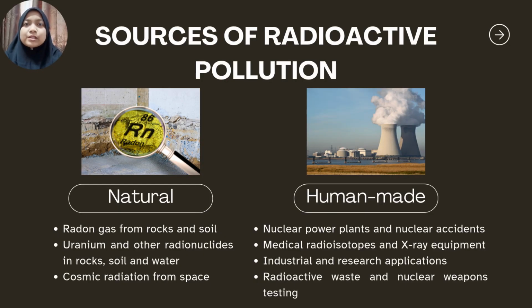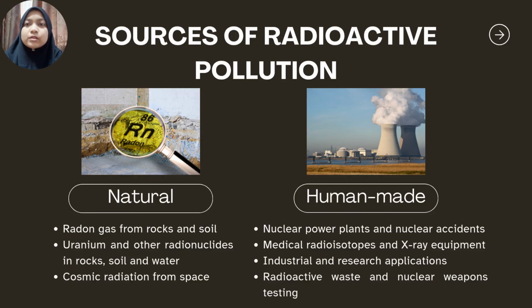Moving on to the sources of radioactive pollution, it can come from two main sources, which are natural sources and human-made sources. For natural sources, radioactive pollution can come from radon gas from rocks and soil, uranium and other radionuclides in rocks, soil, and water, and also cosmic radiation from space.